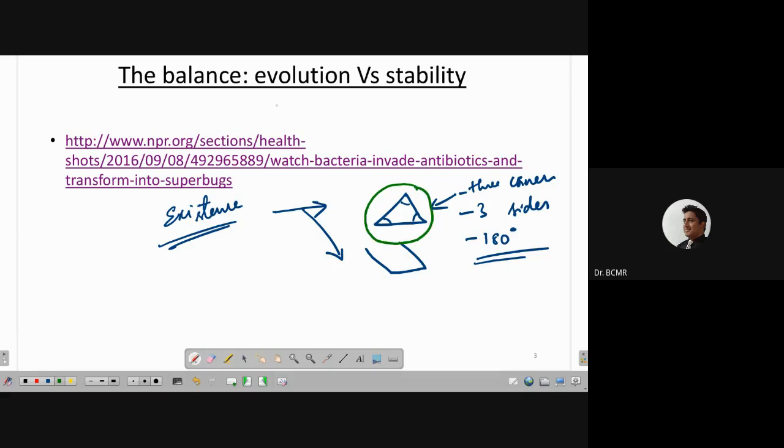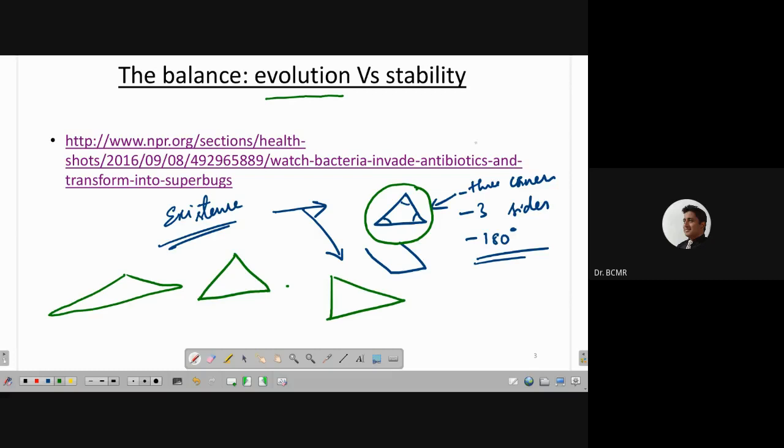When we say evolution, that means we have to have some change. Say for example, I won't draw perfect triangles, but this is a triangle, equilateral or so. Then you can have a different triangle, and another different triangle, right?